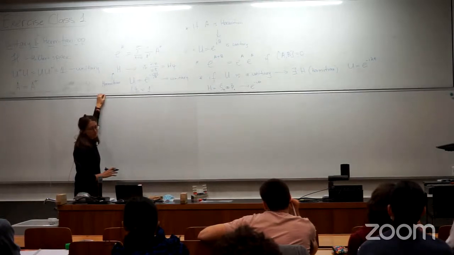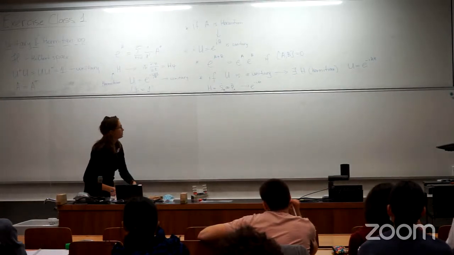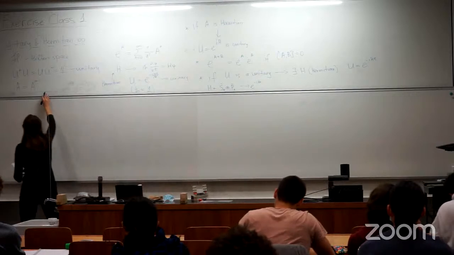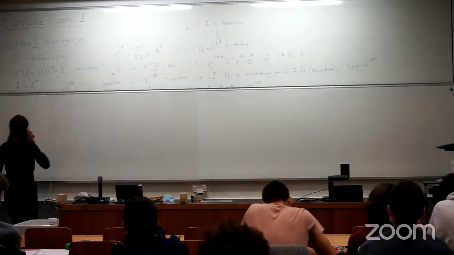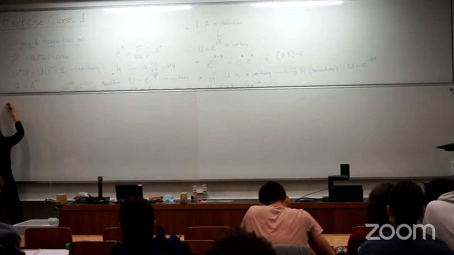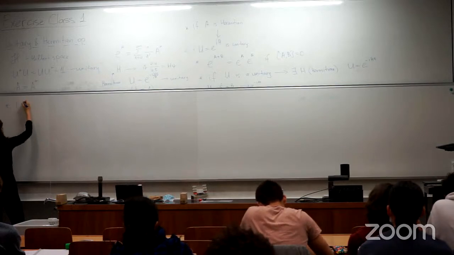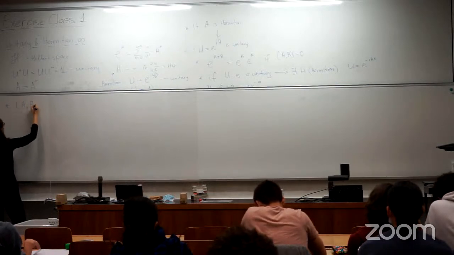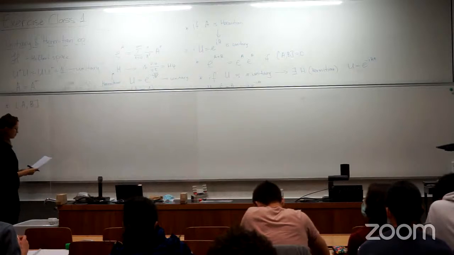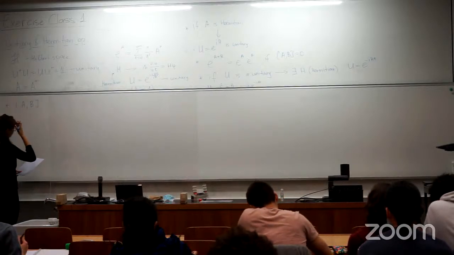Then there is another important property which concerns two operators which commute. So say we have two operators, A and B, which are Hermitian, and they also commute.